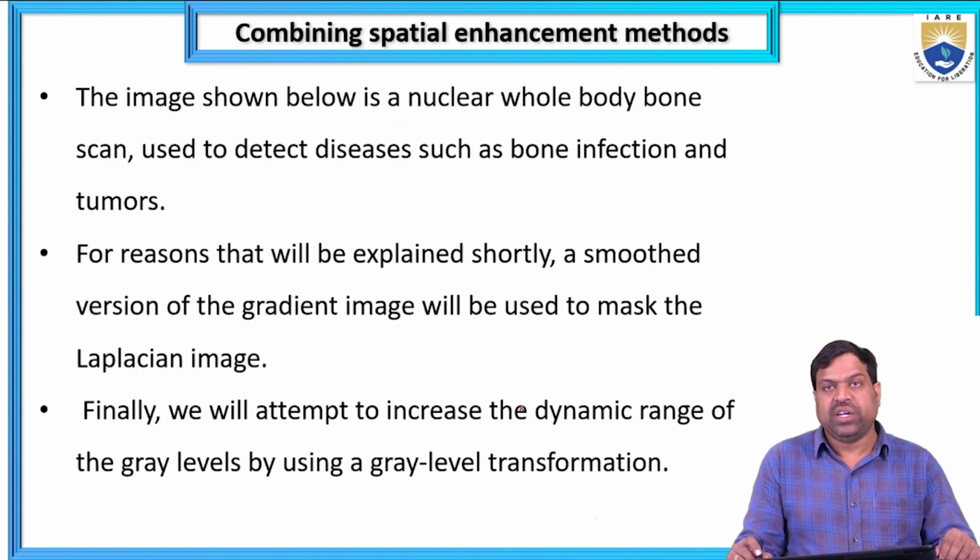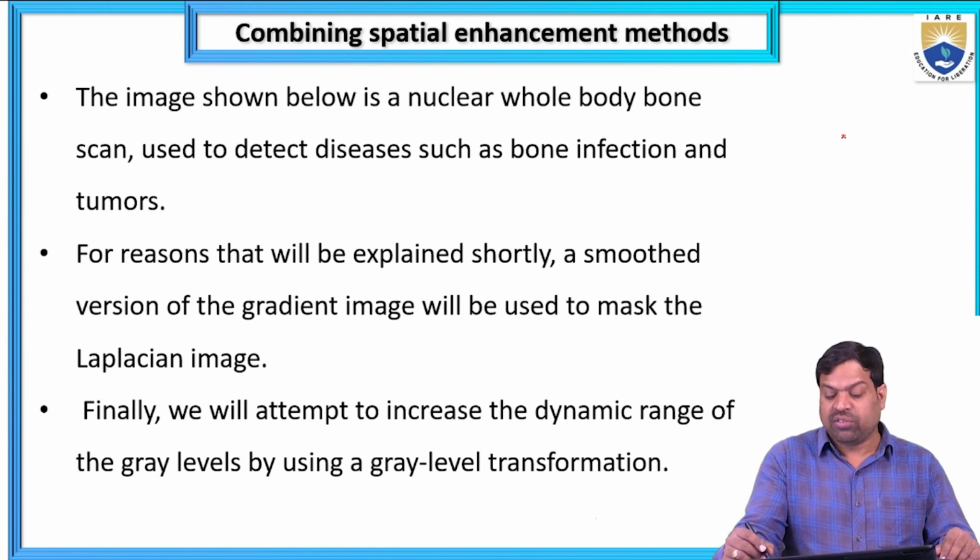The image shown next is a nuclear whole body bone scan used to detect diseases such as bone infection and tumors. Taking any human body as input, what is my output?